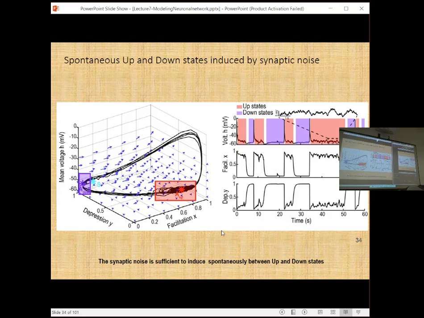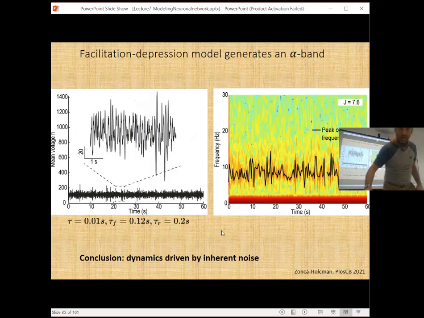You have some oscillations, and the oscillations can be characterized by a rhythm. And we said that the rhythm depends on the level of connectivity, because omega, as I showed you, depends on J. Okay. That's what we did.